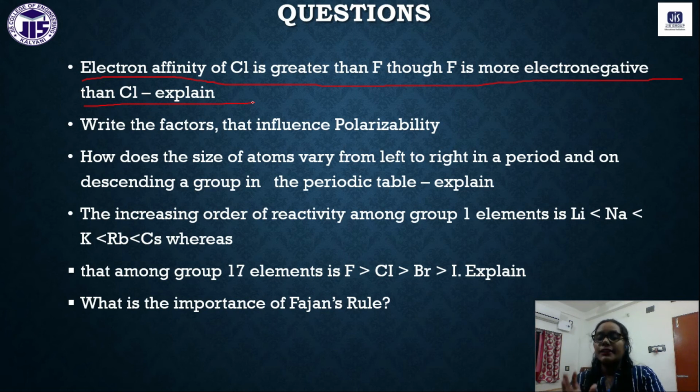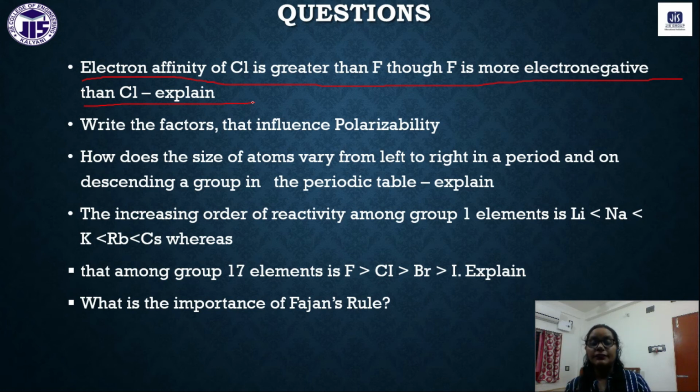One influencing factor for the polarizability is the size. The higher the size, the higher the polarizability. Okay. Next, if the charge of the anion is higher, that means the electron density will be higher. We have a very huge amount of electron density on the anion. That time also the polarizability will be higher. So these are some of the factors influencing the polarizability.